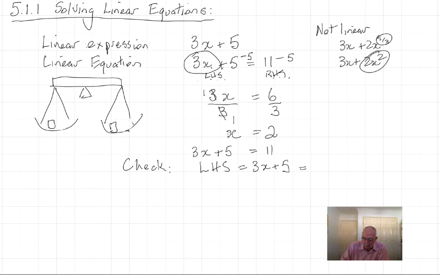We now substitute in our x value that we got for an answer, so that's 3 times 2 plus 5, and that's equal to 3 2s are 6 plus 5 is 11. The right-hand side, go right back up to the original question, and this was the original question here. The right-hand side equals 11, and you should find that they are both the same. And if they are, you know the answer is correct.